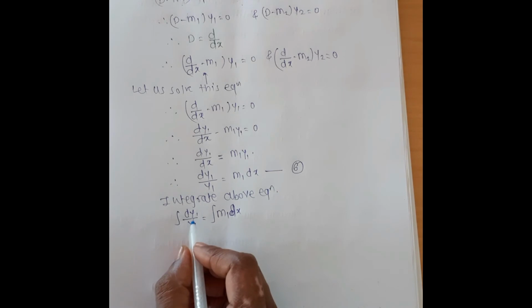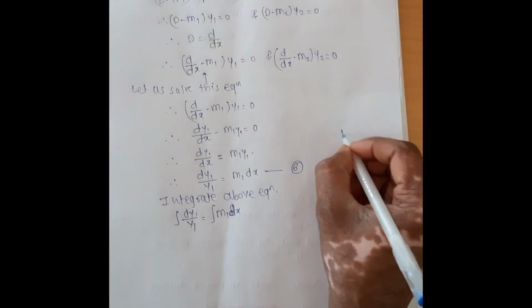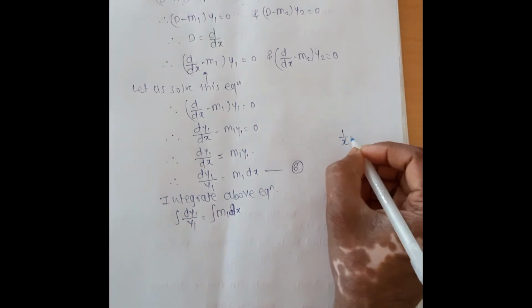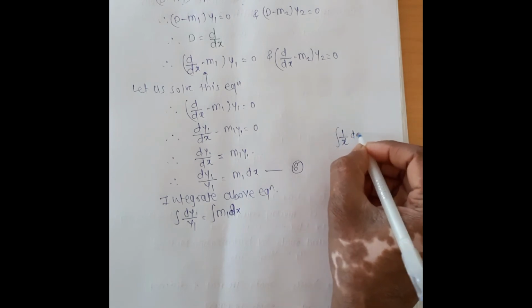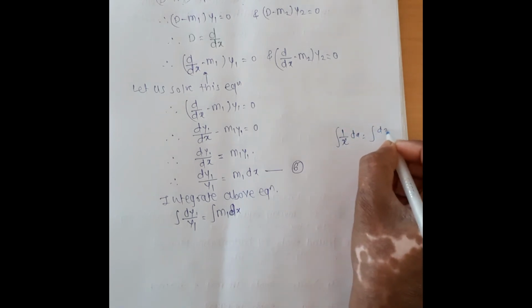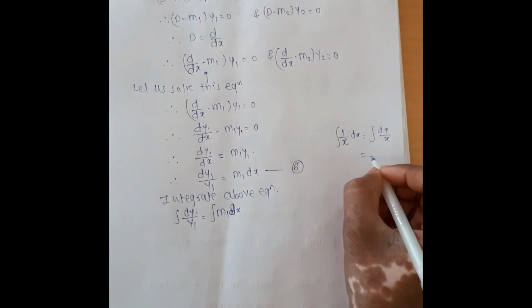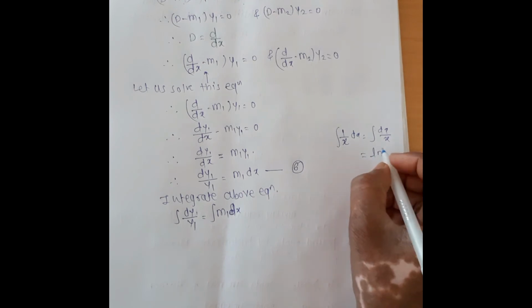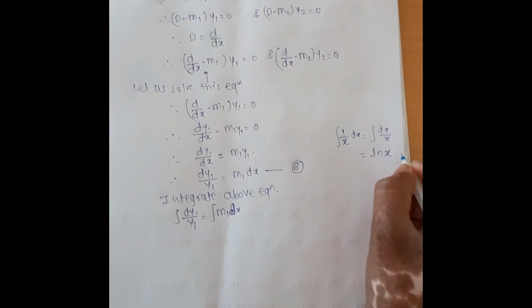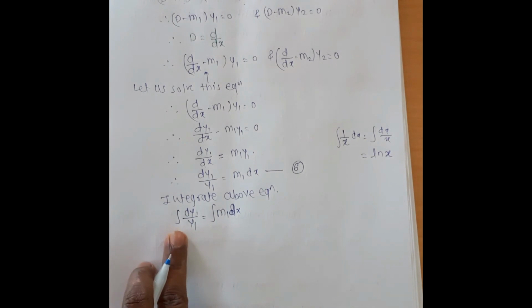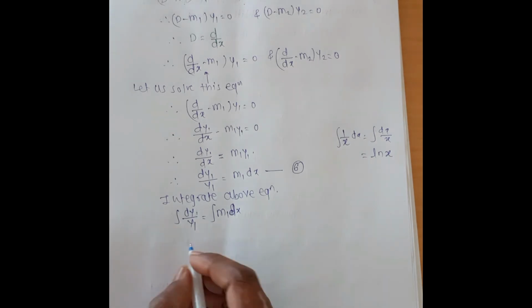Now you know the formula: integration of 1 upon x dx, that is, integration of dx upon x, the value will be ln of x. Same here, we take integration and the value will be ln of y1.